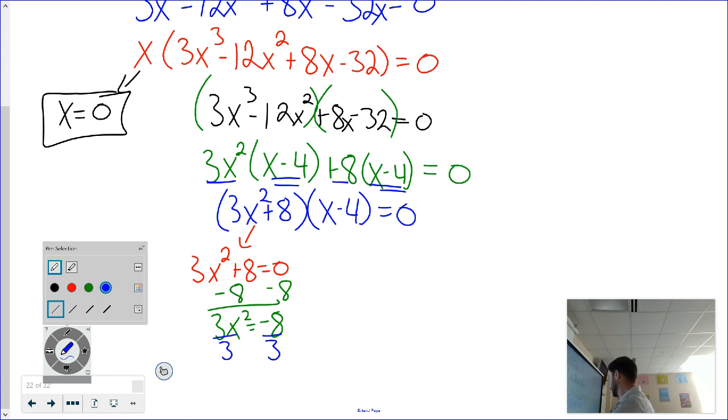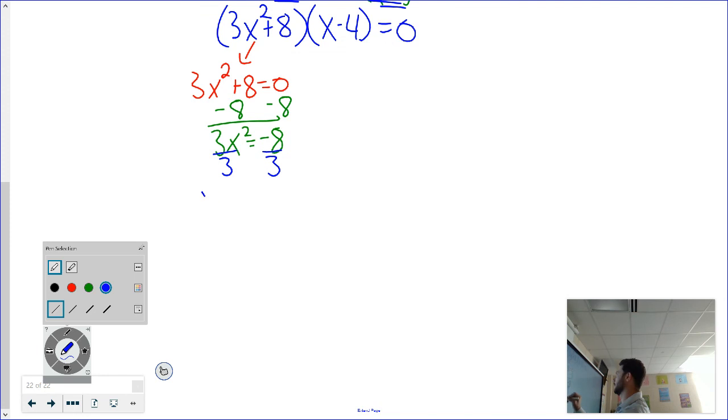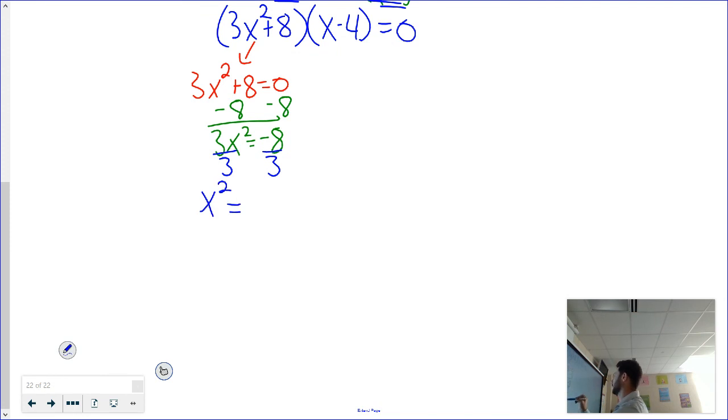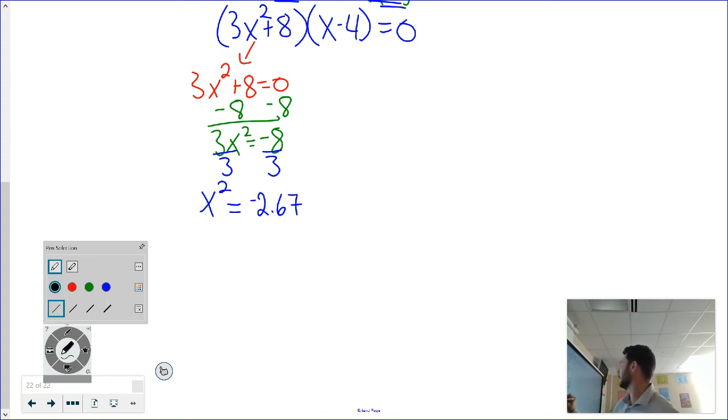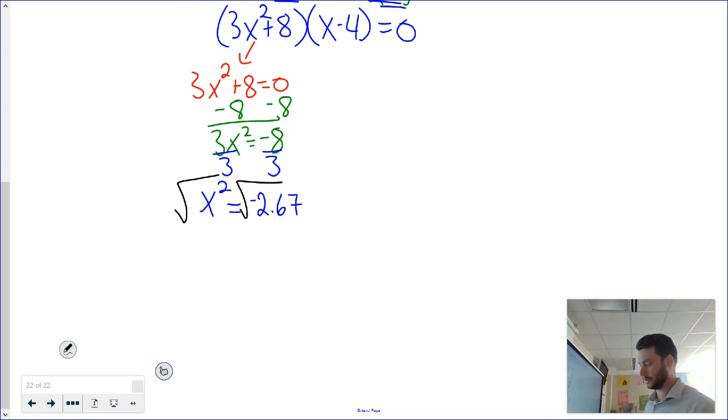Fine. That gives me a decimal. That's okay. So x squared equals, what is that? Negative 2.67. And if I went and square rooted that, what do we get? Don't forget your plus or minus. Take the square root of the positive and slap an i at the end. Square root of 2.67, I get 1.63.